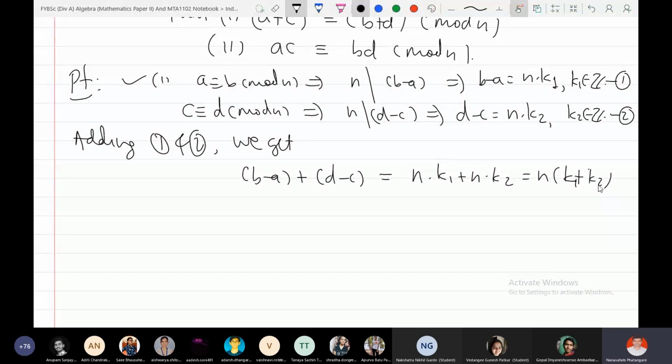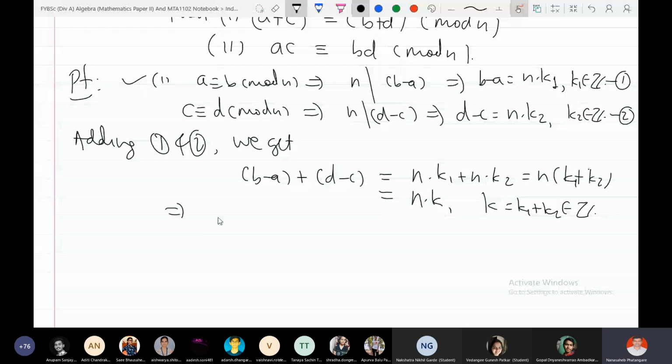Now k1 plus k2 itself is an integer. The sum of two integers is an integer. So n times k, where k is k1 plus k2, and it is also an integer. So what does it mean? Just simplify these two.